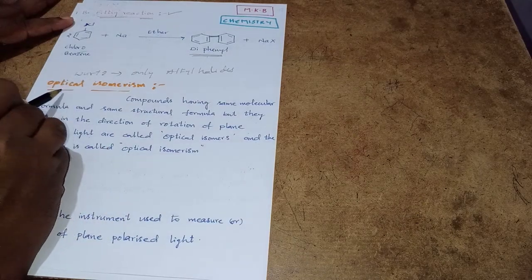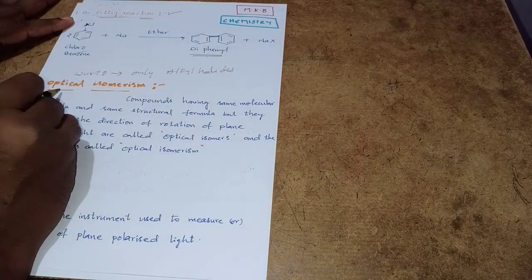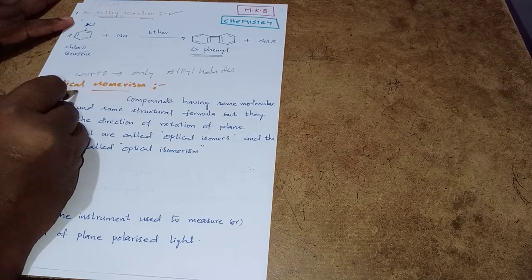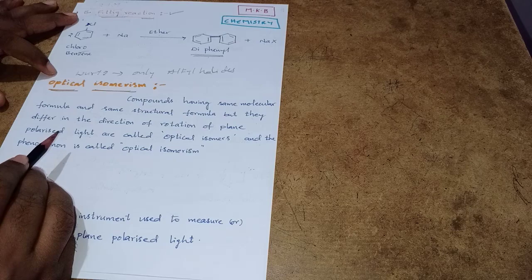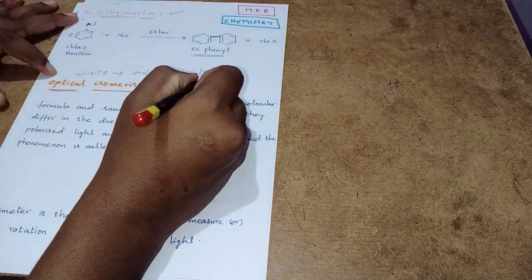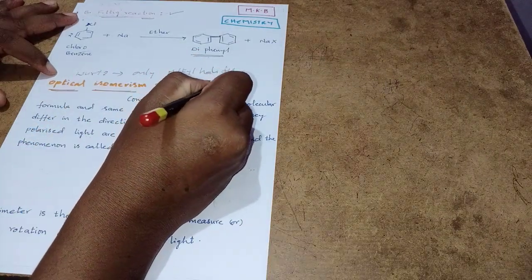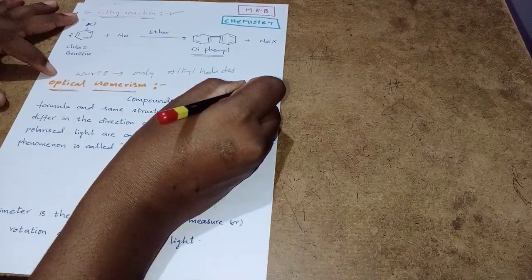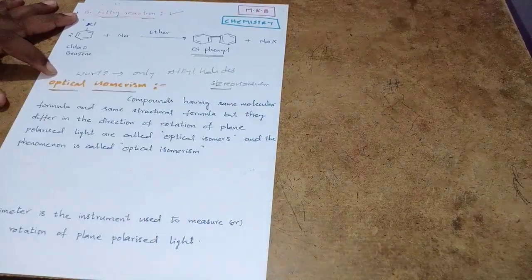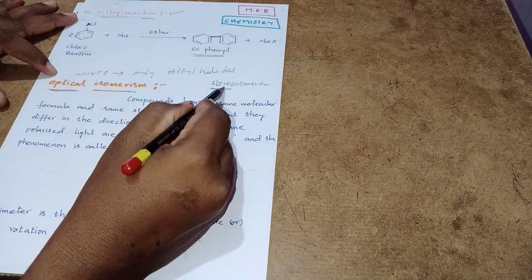Now I'm going to explain to you about optical isomerism. Usually this optical isomerism comes under stereoisomerism. Stereo is nothing but three-dimensional space.